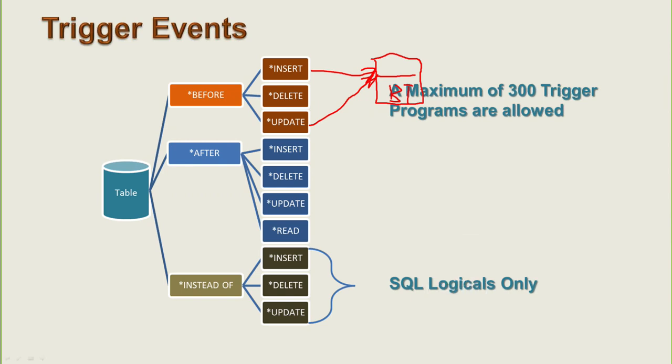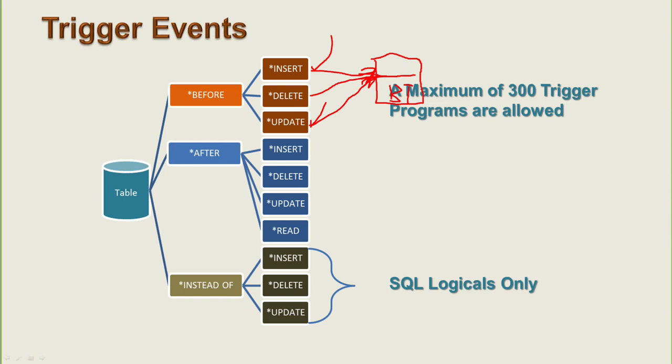If you have your referential integrity correct, you don't need to check to see whether the dependent file has records in it. The constraint will do that for you. So the more common is to have a before trigger program attached to the insert and the update events. But occasionally there's a need to attach one to the delete event as well.